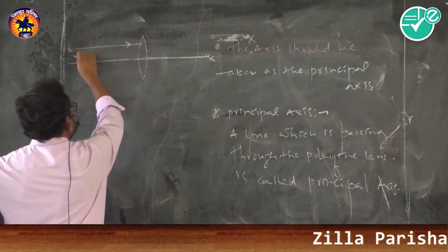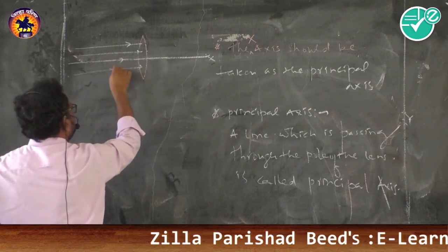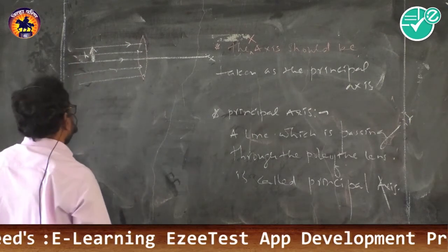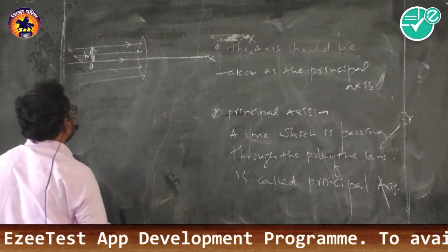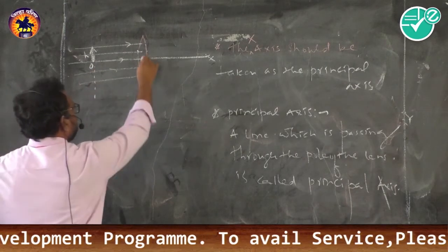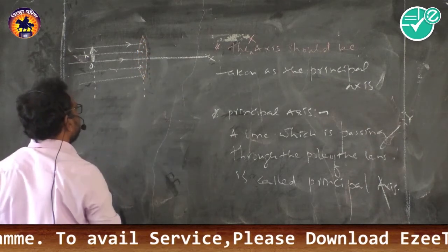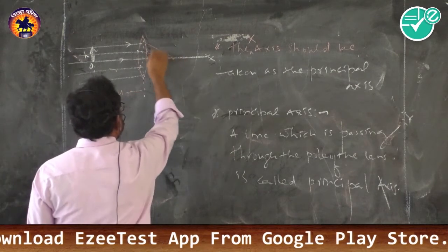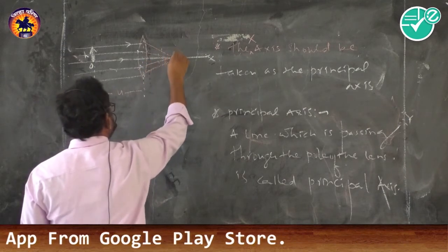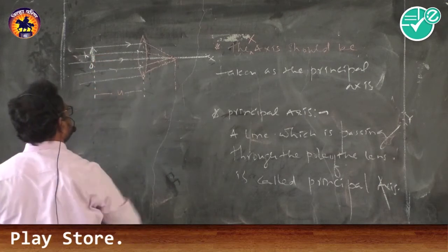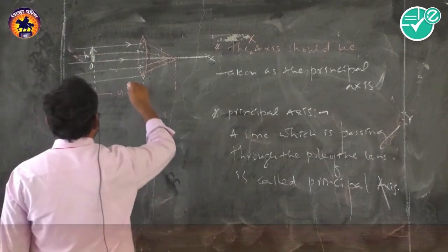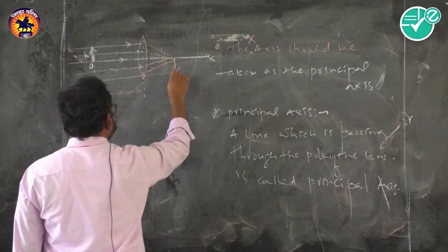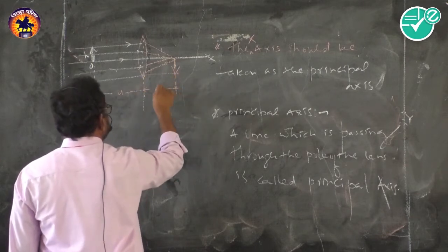A parallel beam of light is coming from the left, and here is the object I have taken. The object has this edge, and the object is put at the point O. The distance from O to the center of the lens is measured as u, and if this beam converges at a point somewhere here, and the image of this object is formed here, the distance of the image from the lens is measured as v.